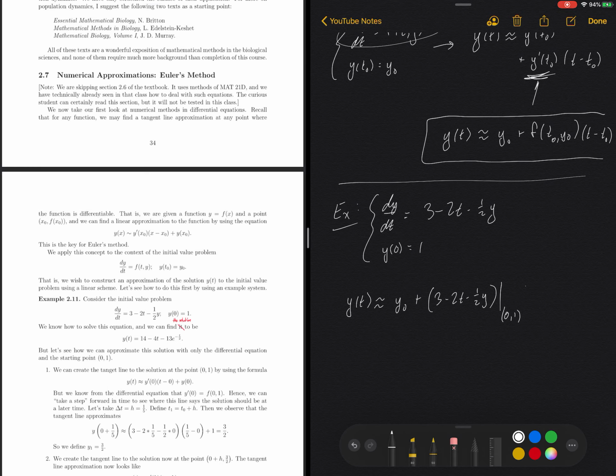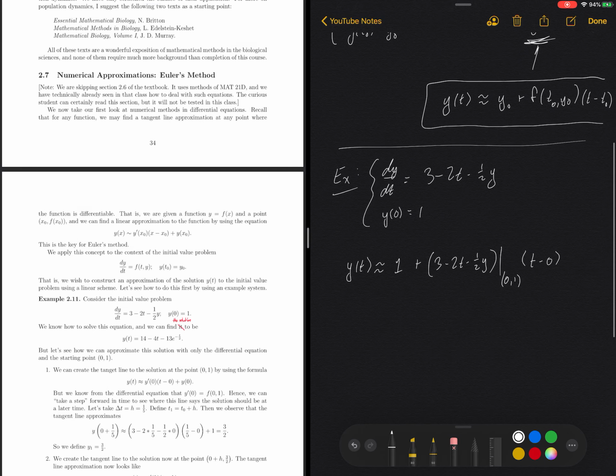And that will be y of t is approximately equal to y0 plus whatever 3 minus 2t minus 1/2 y evaluates to at (0, 1). And I'm going to multiply that by t minus 0. Or t minus, I'm putting in the initial conditions, I might as well. So that guy goes away, and this is now a 1.